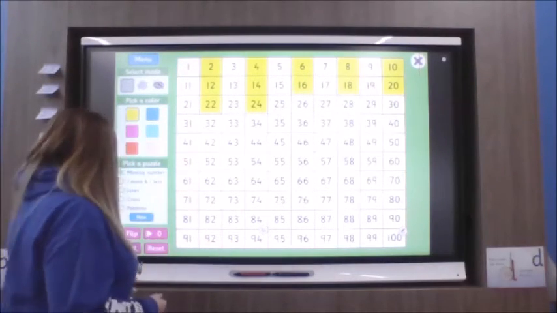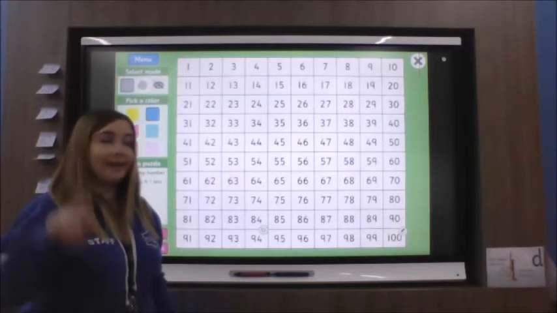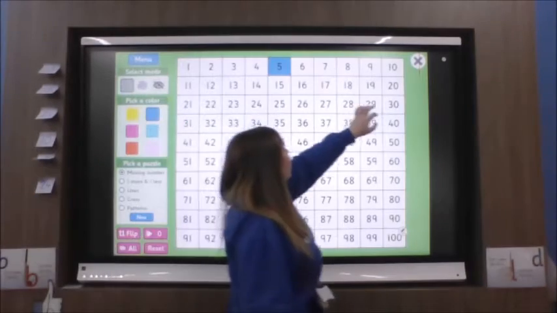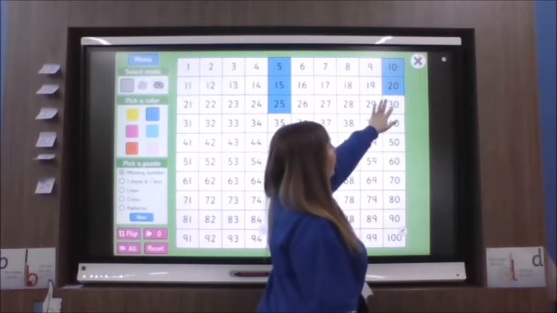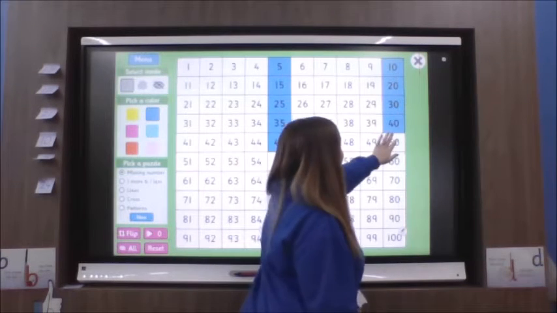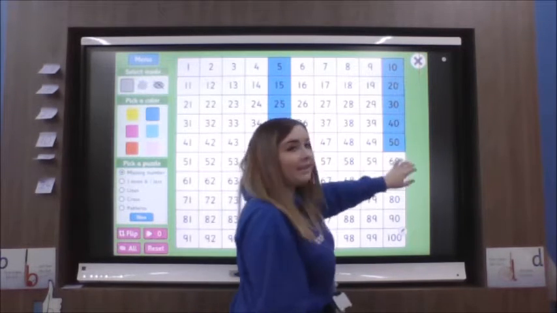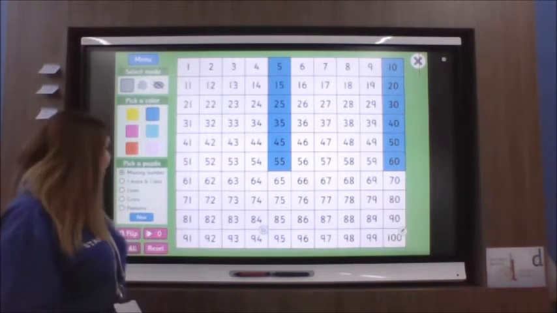Okay, let's have a go now at splatting our 5s. So 5, 10, 15, 20, 25, 30, 35, 40, 45, 50, 55, 60. Well done to those children joining in at home as well.